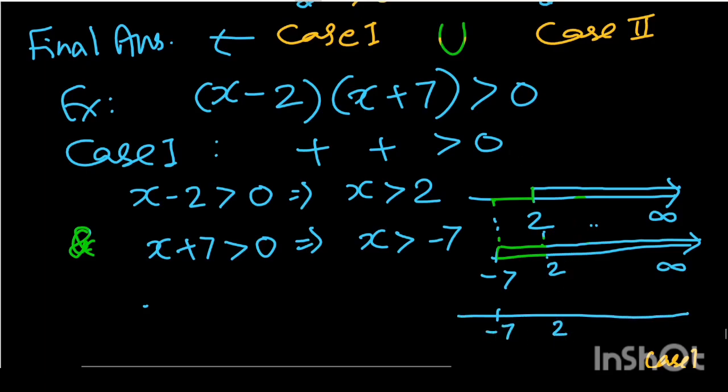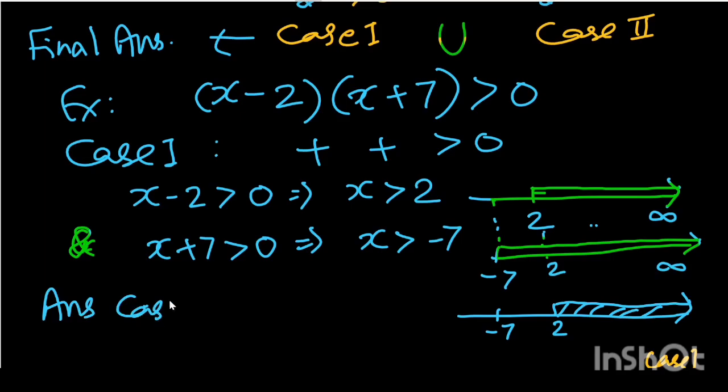Now from 2 to infinity, here also 2 to infinity, both have the answer common, which is 2 to infinity. So the intersection would be 2 to infinity in this case. So the answer of case 1 is x greater than 2.